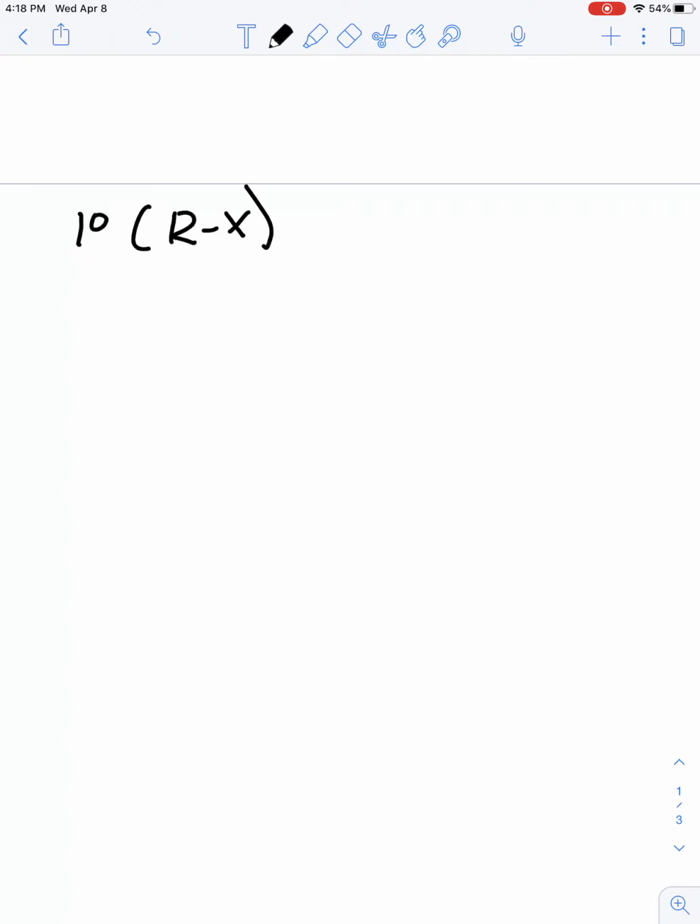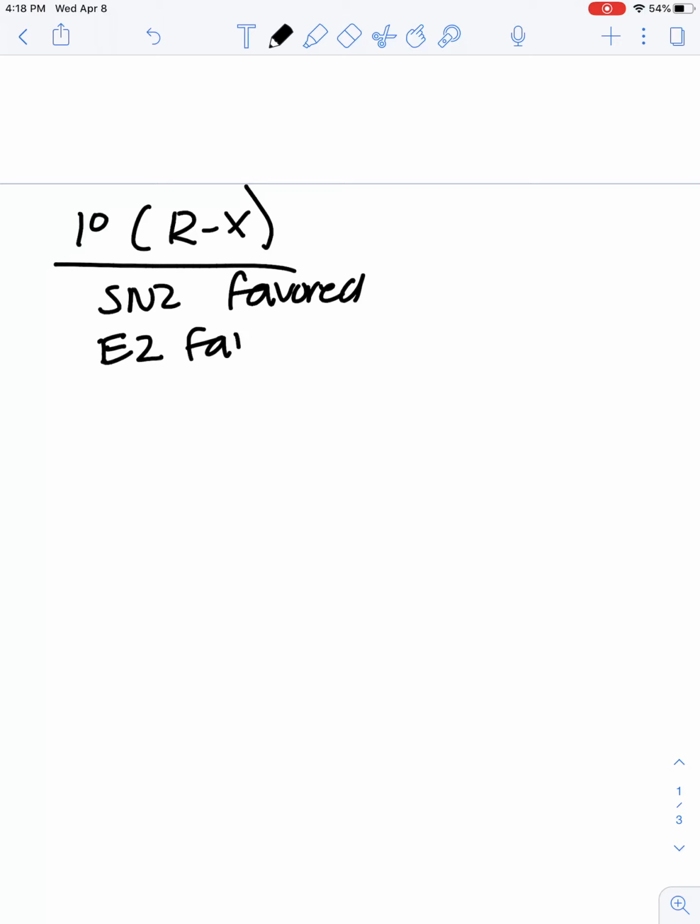When we look at a primary halide, so a primary halide is going to be something like RX, primary halides are going to generally favor SN2. And then E2 would be favored if the base is bulky, or there are some sterically hindered substrates.